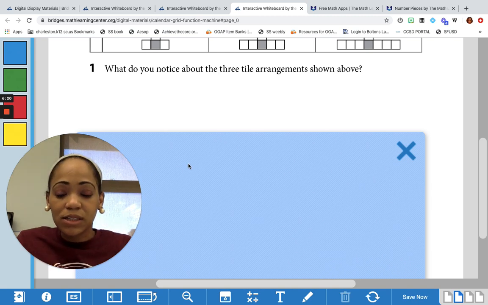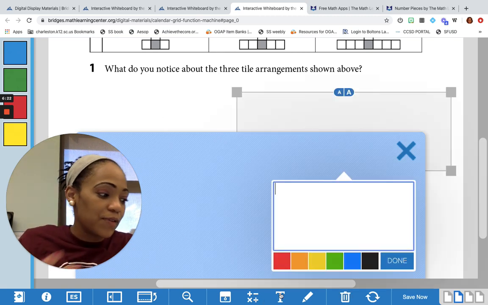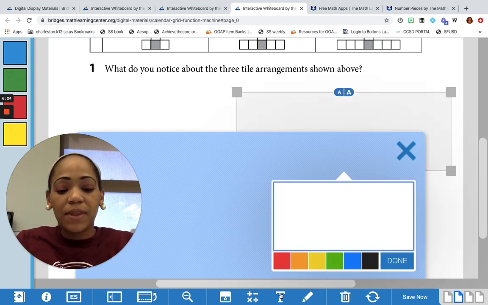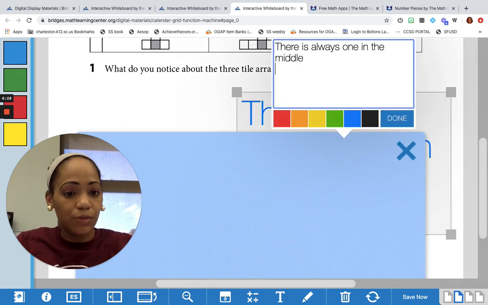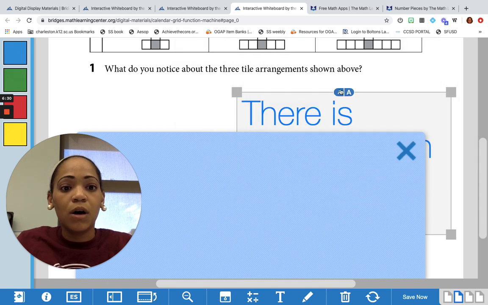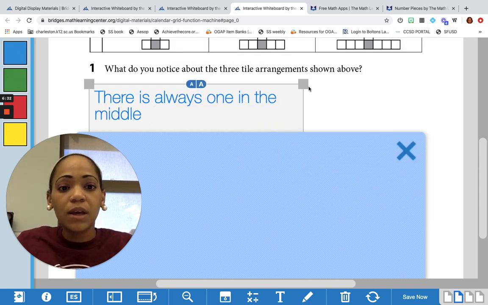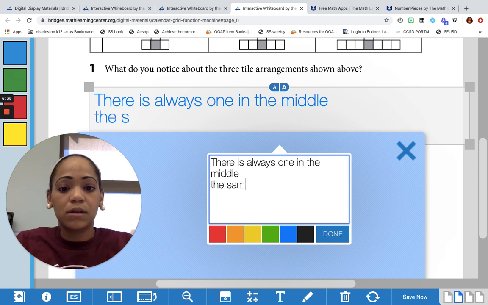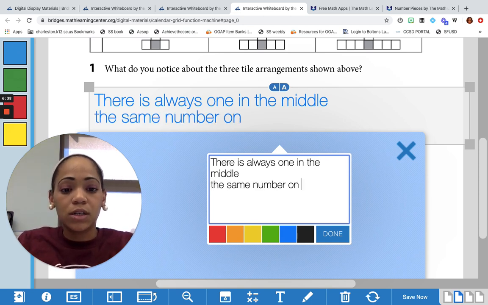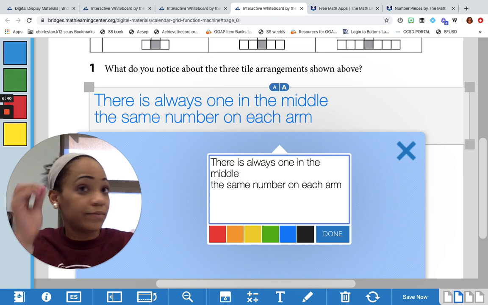So we noticed earlier, just to type out some of our observations, that there's always 1 in the middle, right? There's always 1 in the middle. And then we have the same number on each arm.